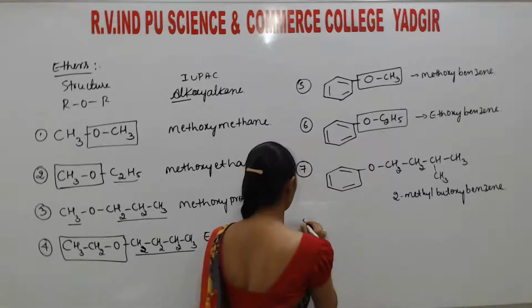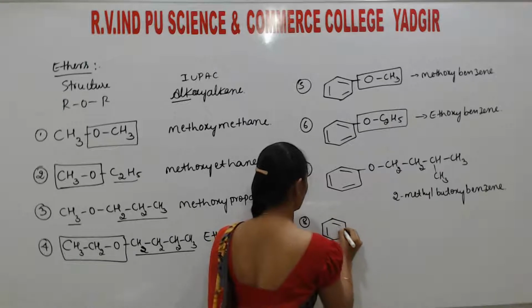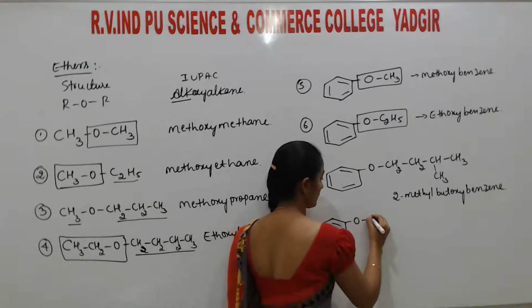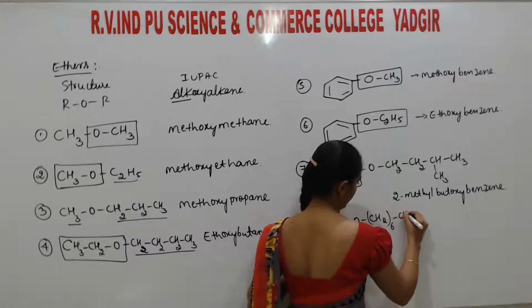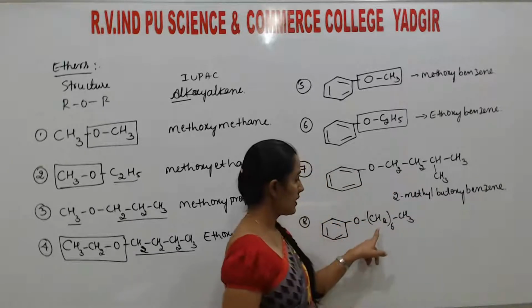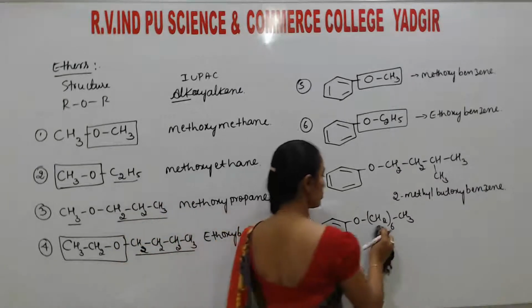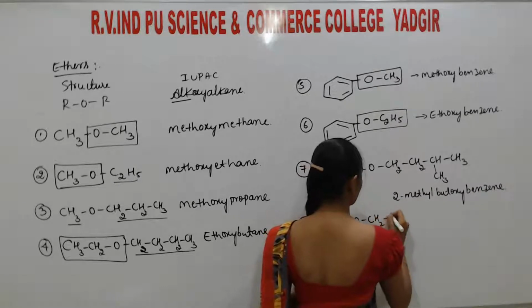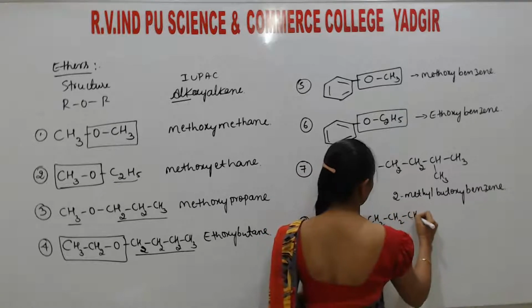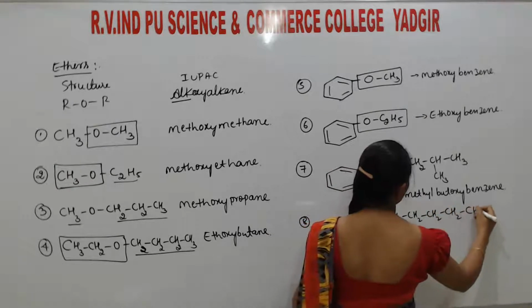So next, if you take this benzene ring, CH2 6 times CH3. That means this CH2 is repeated 6 times. 2, 3, 4, 5, 6.